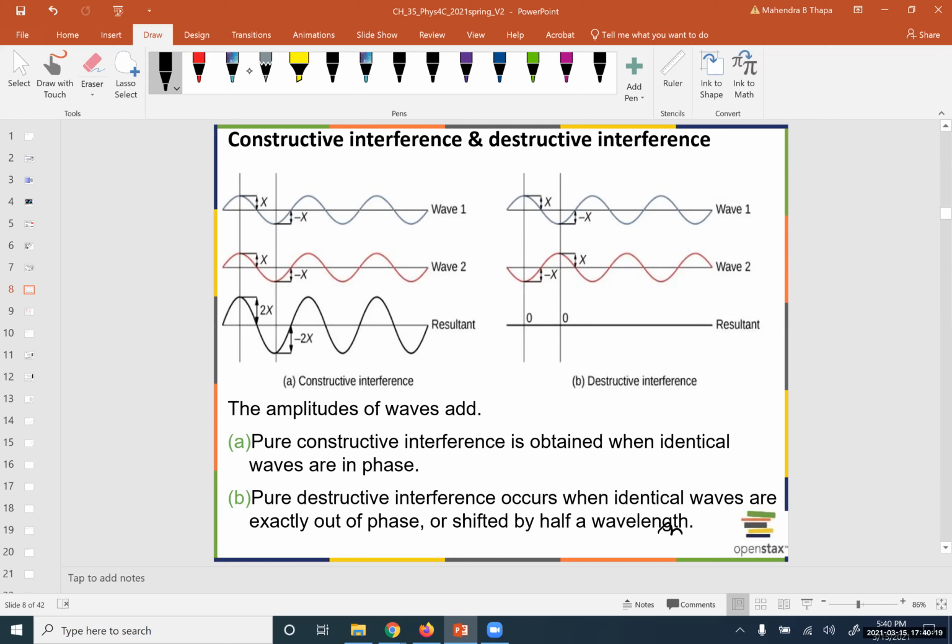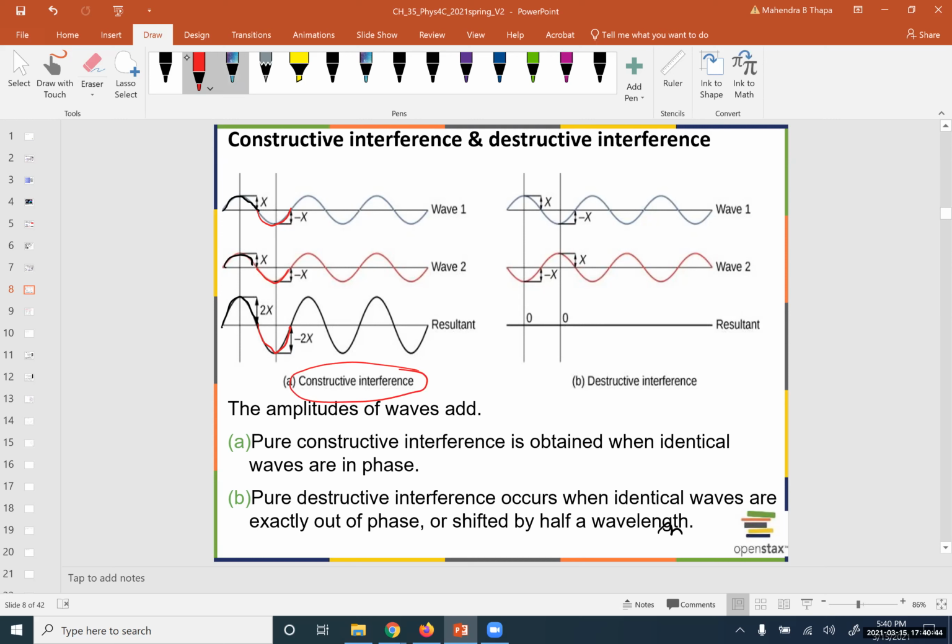You see, for this part, crest and crest are going, so the amplitude of the resultant wave will be higher. If it is trough and trough, the amplitude increases. This kind of thing where the amplitude reinforces is called constructive interference.